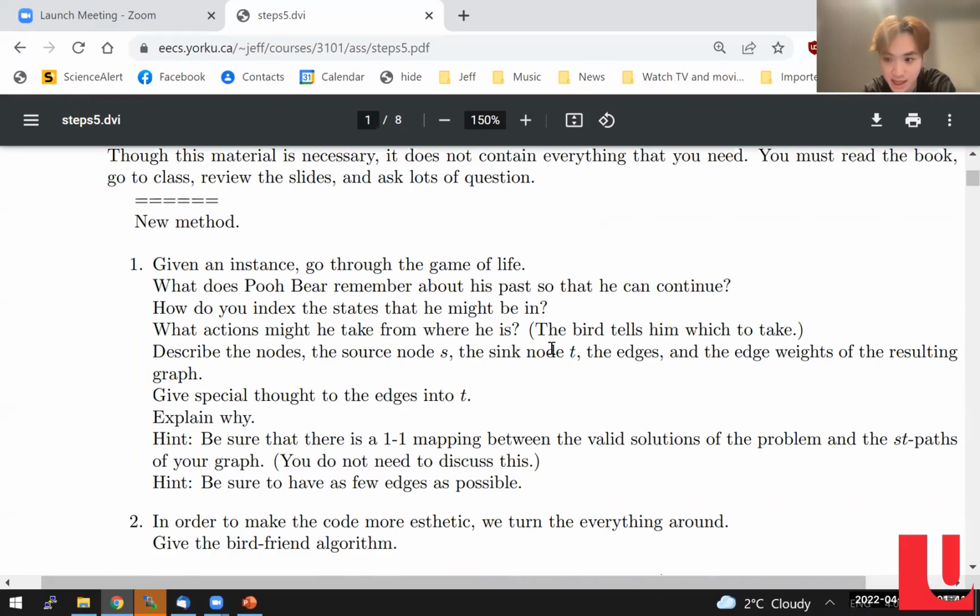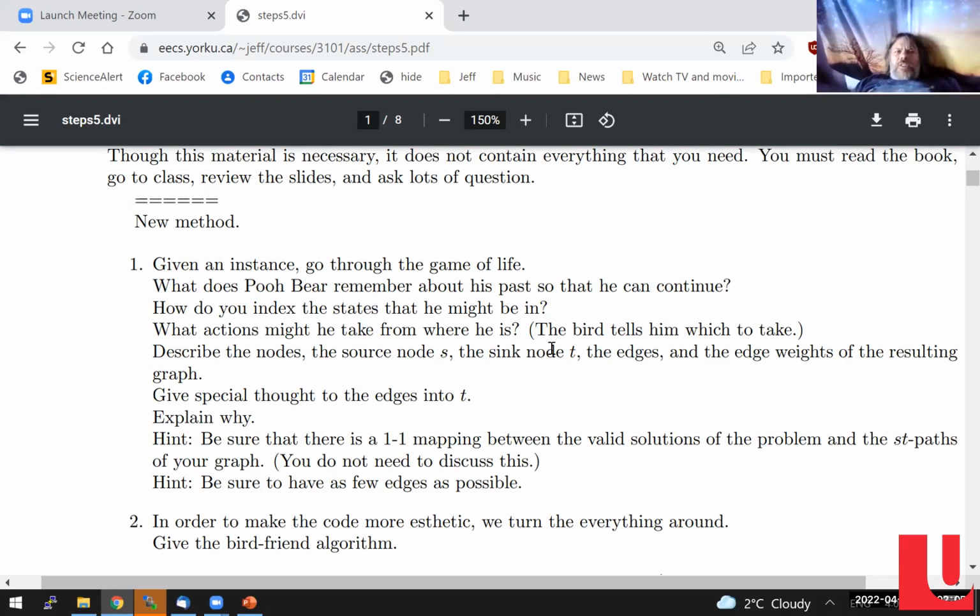So the weight of the resulting graph means that if we choose the best solution for every node, this will result in a path from S to T, and the weight of every edge in this path is the weight of the resulting graph, right?